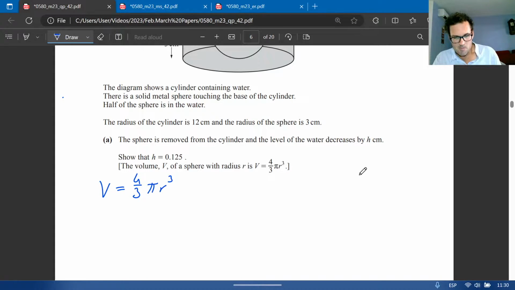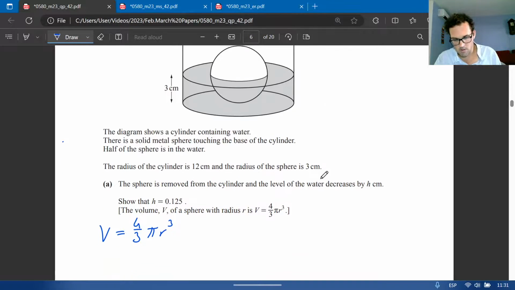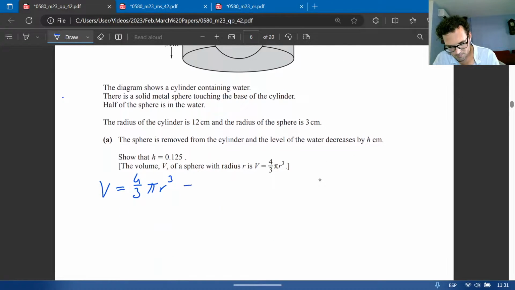But now remember, if we're going to take out the sphere, it's only half the sphere being removed. We just need that half that's in the water, because that's what fills that space. We take it out, the water level drops, but by the volume of half that sphere. So we're going to have to divide this by 2, because we only need the half that's in the water.